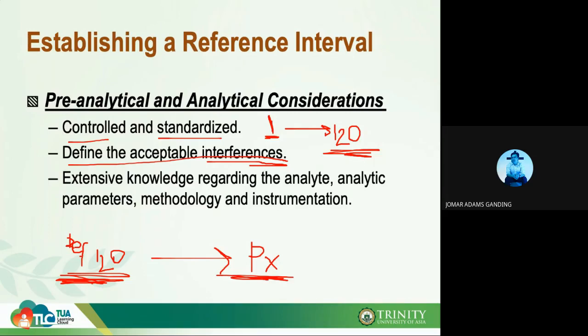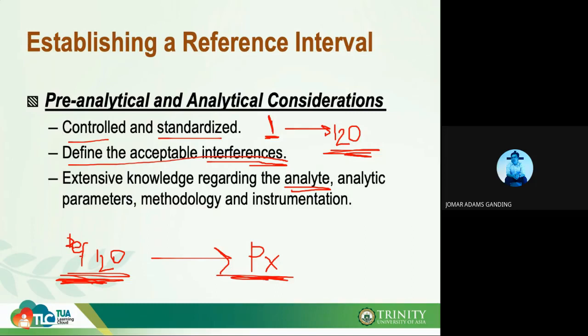But most importantly, each and every one of you, specifically those who will be performing reference interval studies, should have extensive knowledge regarding the analyte, meaning extensive knowledge about glucose. What are the factors that affect the level of your glucose? What are the factors that would cause it to be falsely high or falsely low?